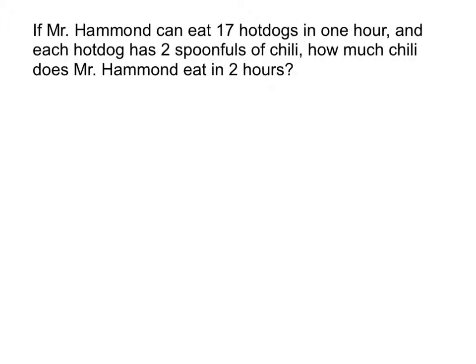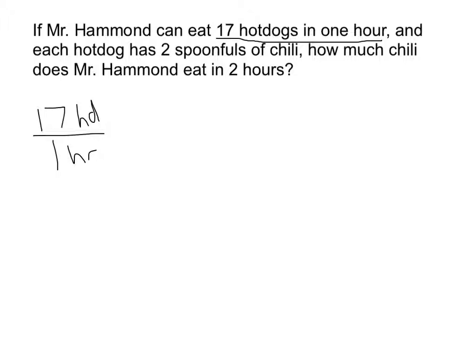Alright, so Mr. Hammond can eat 17 hot dogs per hour. That would be our starting point. 17 hot dogs, I'm just going to say HD, per 1 hour. So that's our beginning unit. That's what we're going to start with. And there may be more than one place you can start in this one, since you're given a lot.